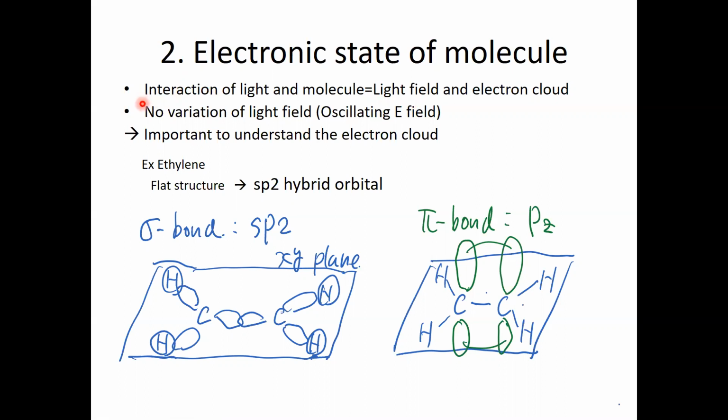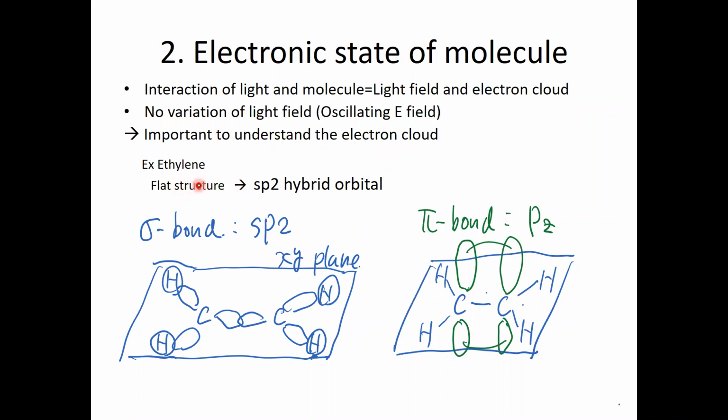Let me remind you again: the interaction between the light and molecules is the interaction between the light field and the electron crowd. There are not so many variations of the electric field, but you have varieties of molecular structures and electron crowds. So let's think at first about the ethylene case.